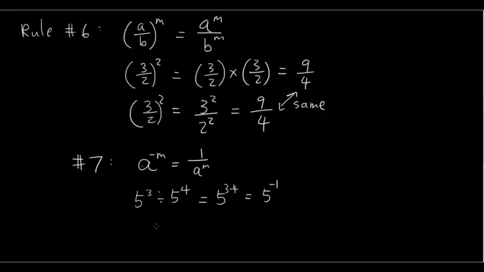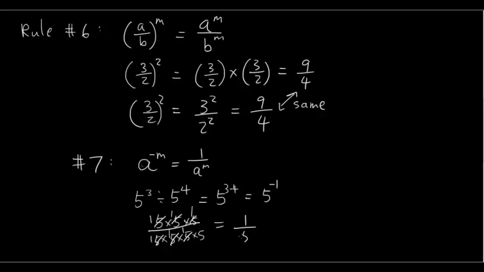Now, if we write it out using full expanded notation, we then have 3 5s on the top, 4 5s on the bottom, and we cross them out one at a time. So 5 divided by 5 is 1, 5 divided by 5 is 1. So we're left with 1 on the top, 1 times 1 times 1, and 5 on the bottom.